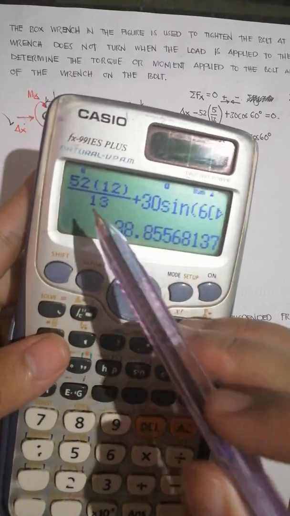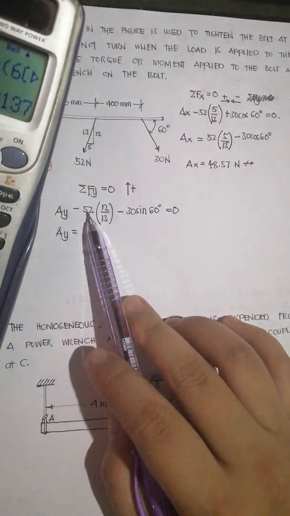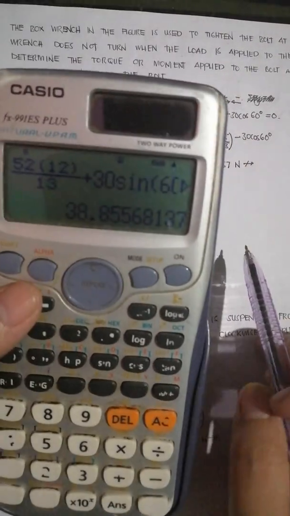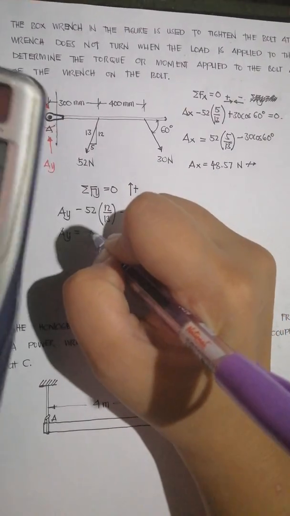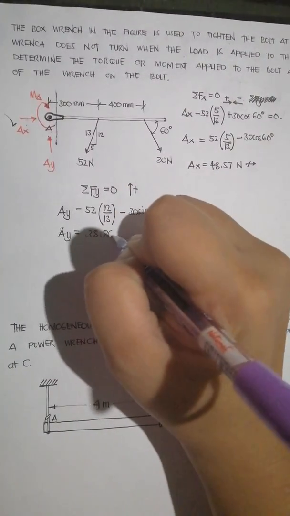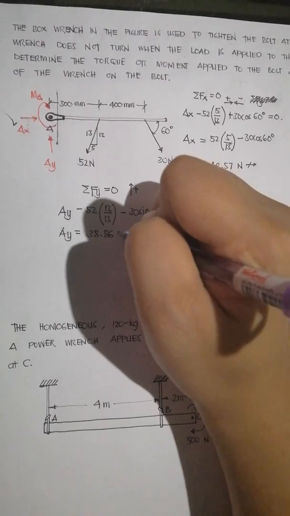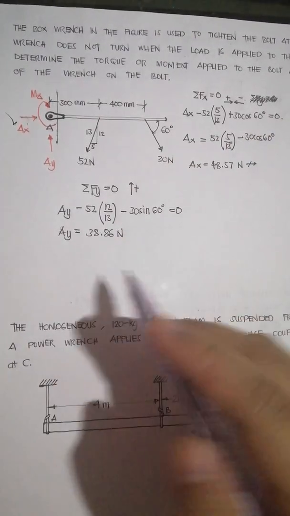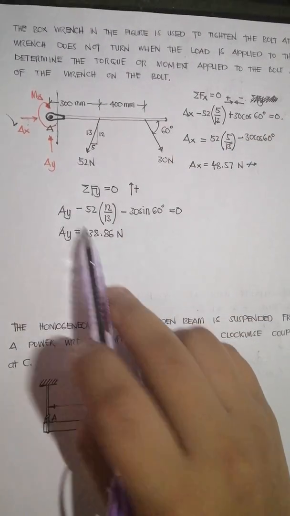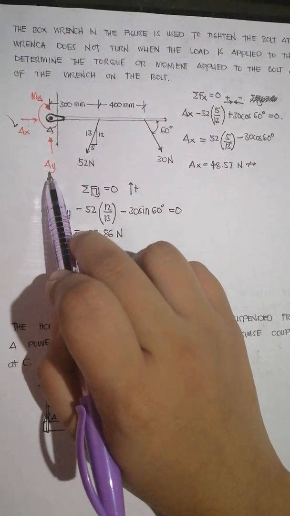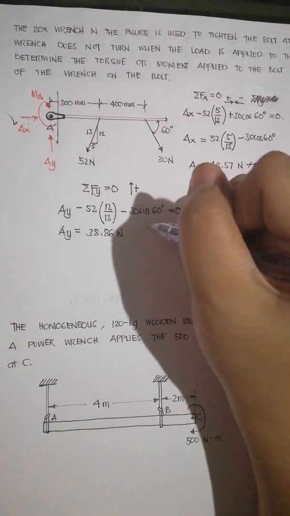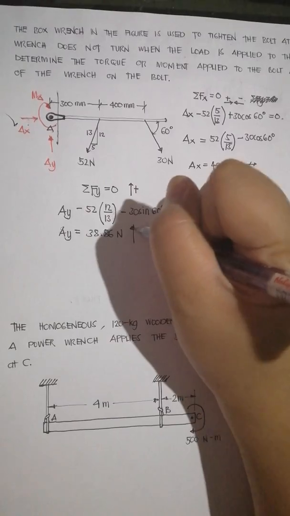They are positive because you moved them to the other side of the equation. So you have 38.86 Newtons. Since the result of Ay is positive, our initial direction of Ay, which is upward, is correct. So this is really upward.